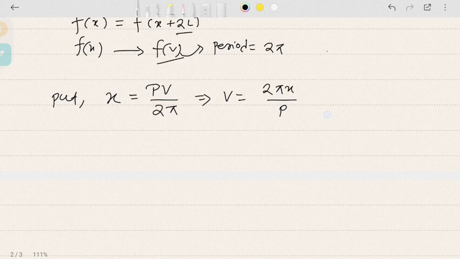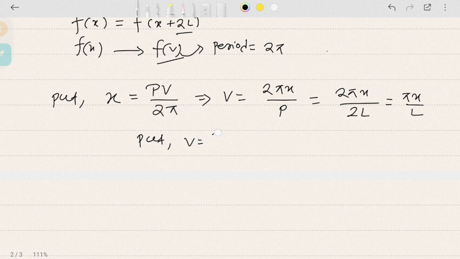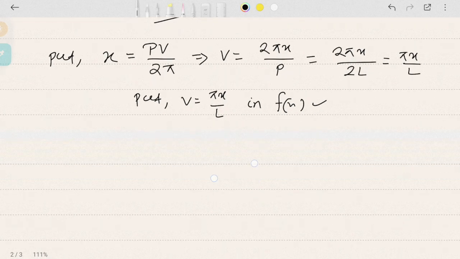Alright, so this is nothing but 2 pi x by the period 2l, so it is pi x by l. So put v is equal to pi x by l in f of v.